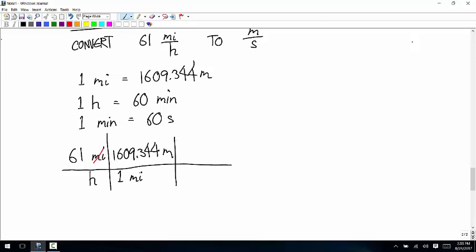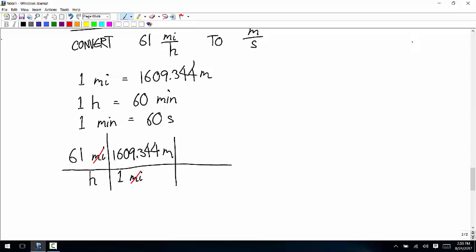If you do the cancellations, now if we multiplied this out, we'd have units of speed that were meters per hour. But I'm just going to keep multiplying on the same fraction now to go from hours to minutes.